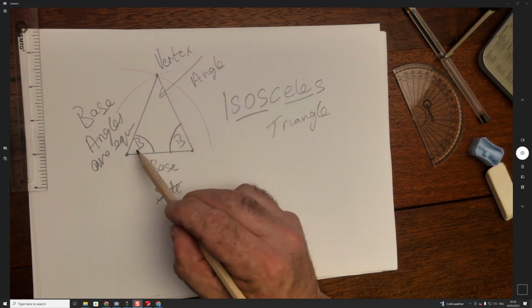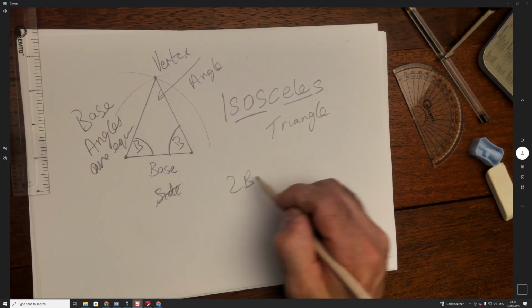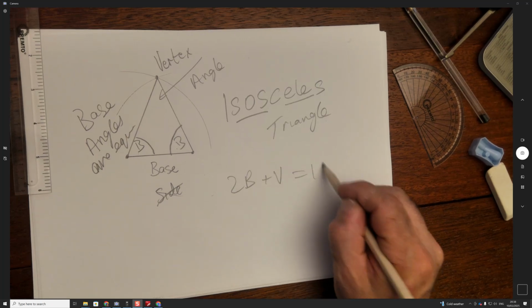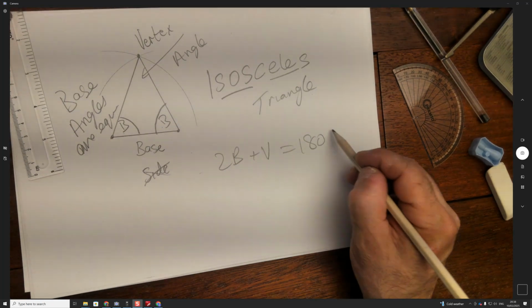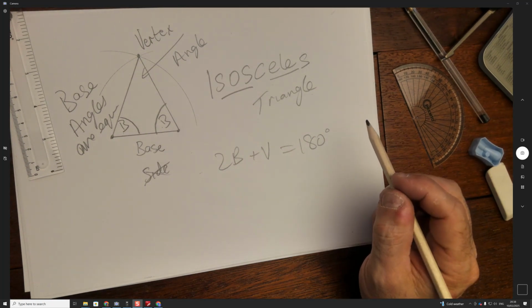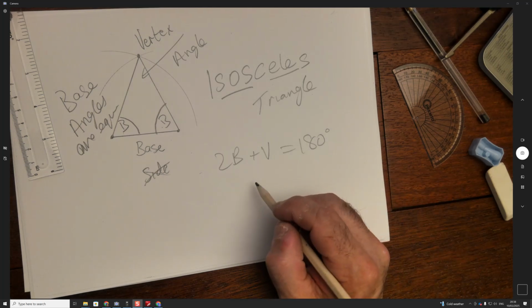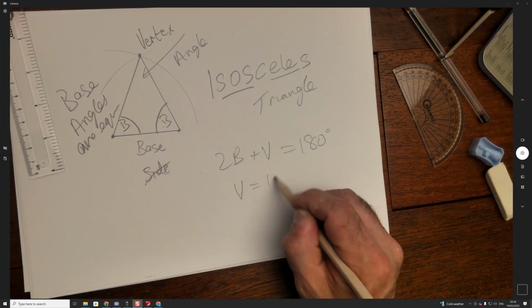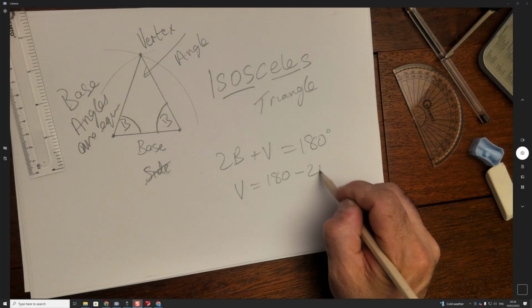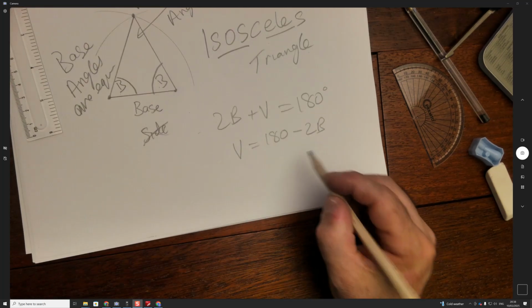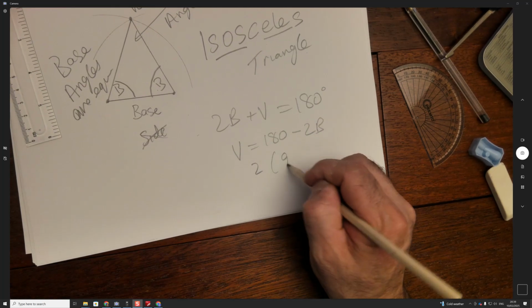Okay, so the two base angles, 2B plus V, together form 180 degrees. Okay, so we can do a lovely bit of algebra here and say, so the vertex is equal to 180 minus two bases, or it's double 90 minus a base.